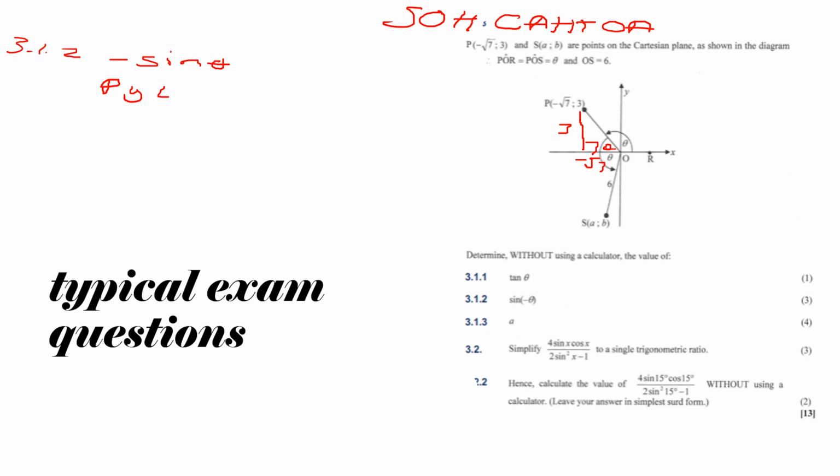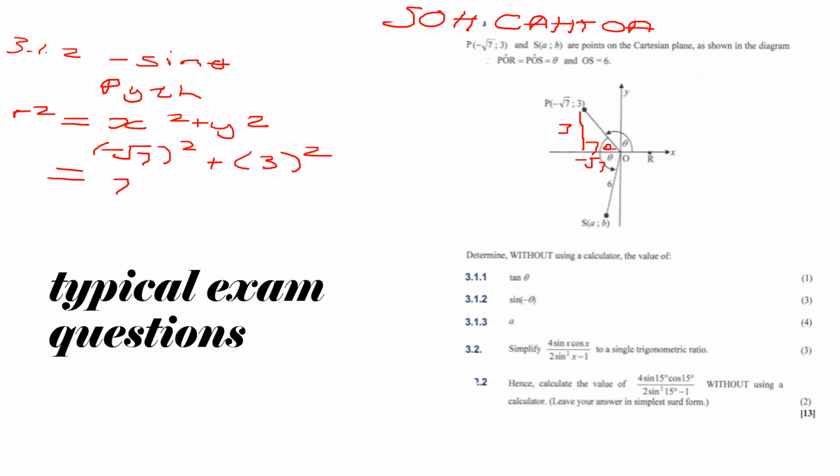The theorem of Pythagoras states that r squared in a right angled triangle is equal to x squared plus y squared, right? So in this case, x squared is negative root 7 squared, plus y squared, which is 3 squared. Negative root 7 squared is 7, plus 9, which is therefore equal to 16, and that is r squared.